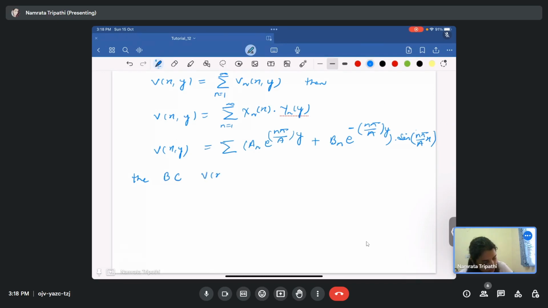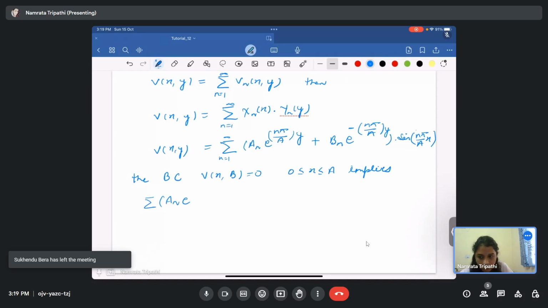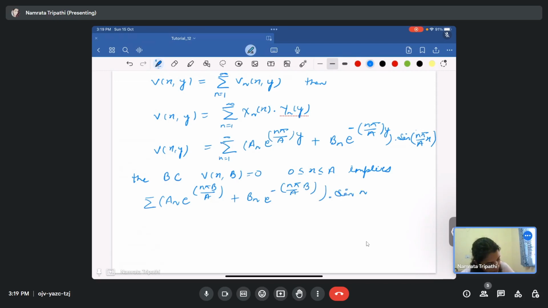So using this boundary condition, at the place of y I am writing b: bn e to the power minus n pi a into b into sine n pi by a x, at the place of x just x.